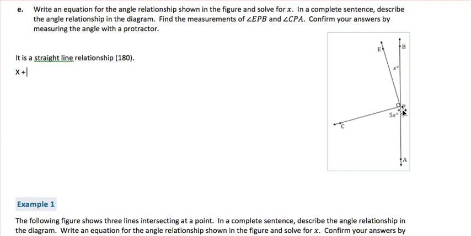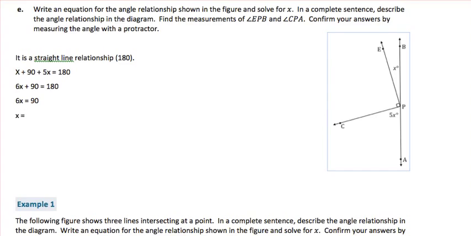Our middle angle is a 90-degree angle since it's marked, and our bottom angle is 5x. And altogether they equal 180 degrees. Combining our like terms, we get 6x plus 90 equals 180. And that means then that 6x is equal to 90.